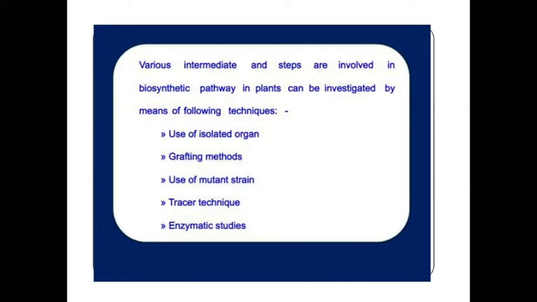Third one is use of mutant strain. Fourth is tracer technique, and the fifth one is enzymatic studies. All these are the different techniques by which the biogenesis of the plant, in which part of the plant that particular secondary metabolite is synthesized, is investigated.